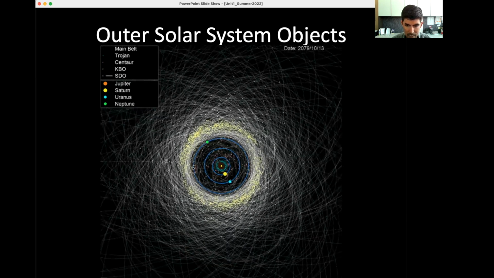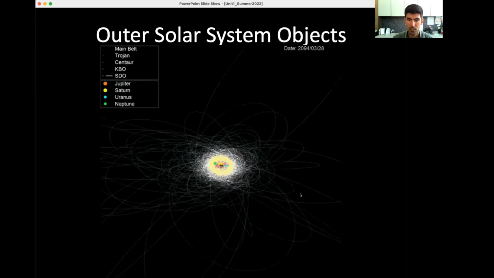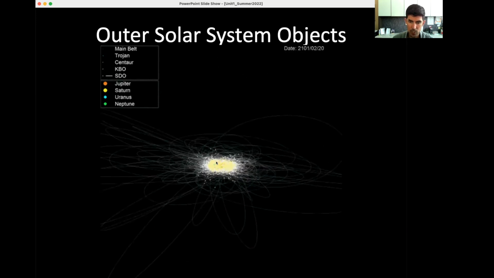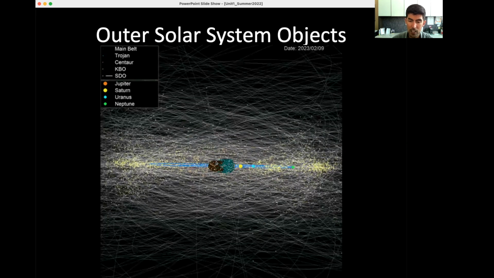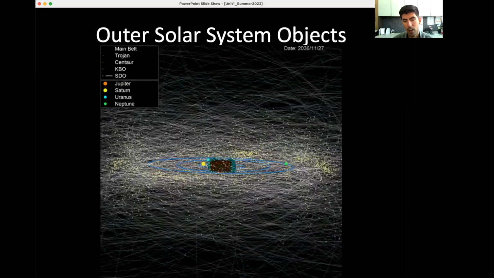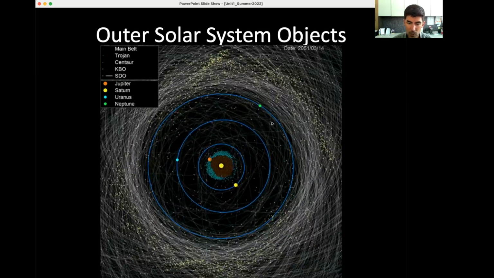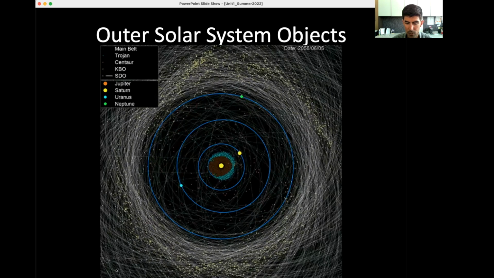We can see that the comets are making their way from really far out into the solar system and then back out. These are traveling on very wide, very elliptical pathways. They're not circular. They come into the solar system and then they go out into the outer solar system.